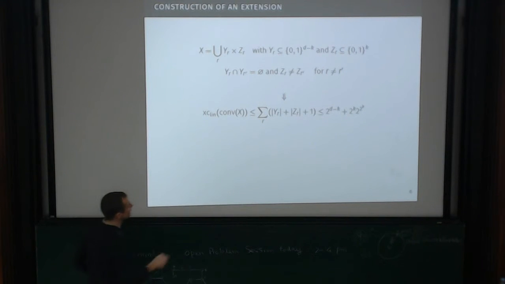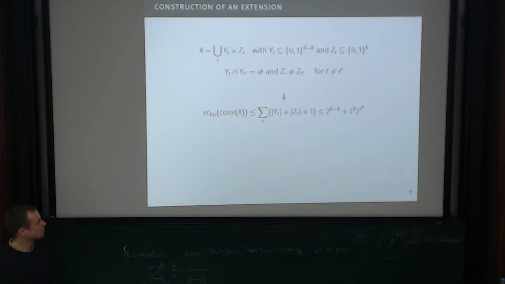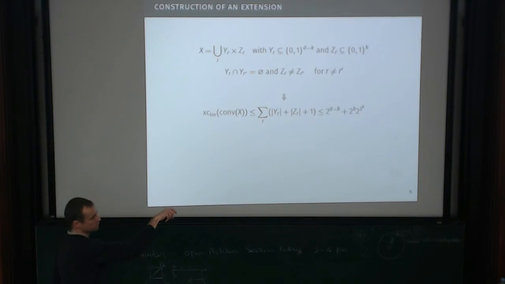Now if you look at this, first of all, if you sum up these cardinalities, all these Y_r were pairwise disjoint, and they come from 0, 1 to the d minus k. So the sum of these cardinalities will be at most 2 to the d minus k. How about these Z_r? Any pair of Z_r is at least not the same. So what you do here at most is you sum over all subsets of 0, 1 to the k and weight every subset by its cardinality.